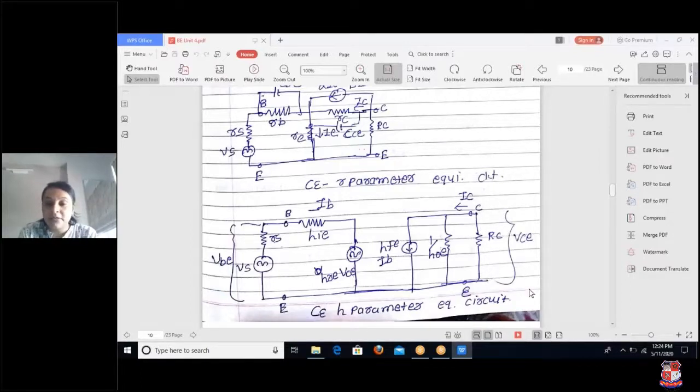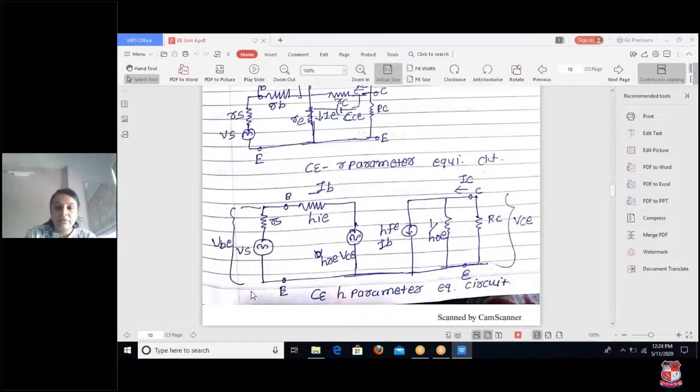Okay, so this is your VCE and this is your VBE. So we already discussed how we draw the AC equivalent circuit, then how we draw the R parameter circuit, and how we draw the H parameter circuits.